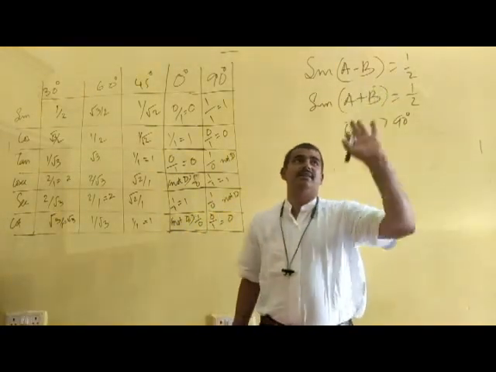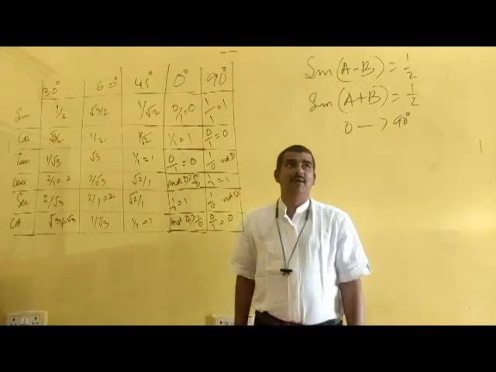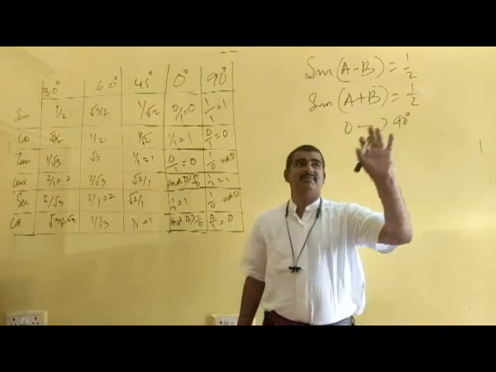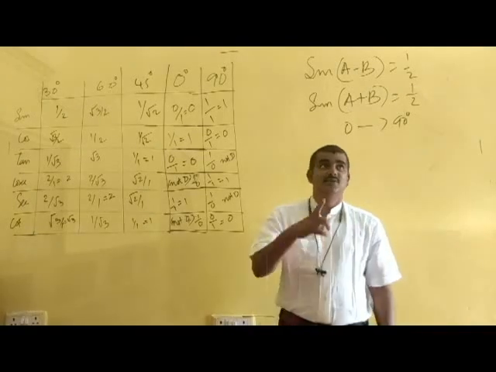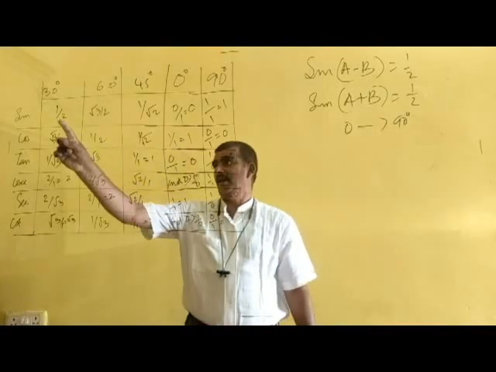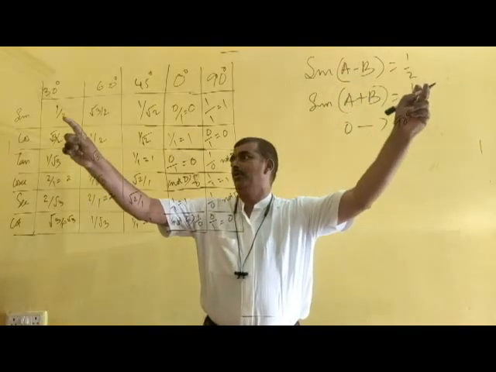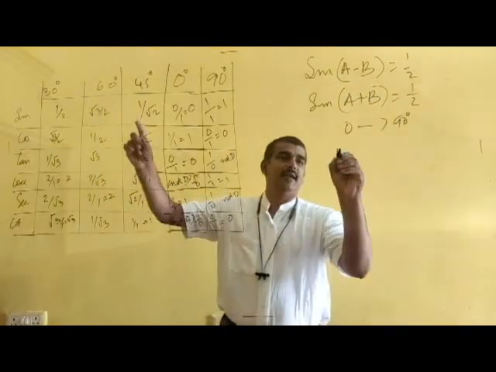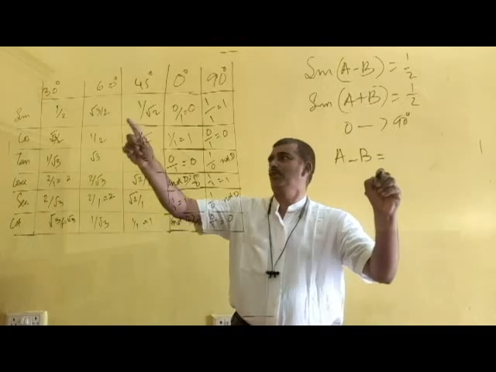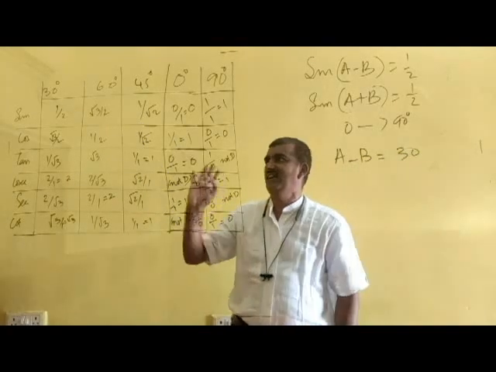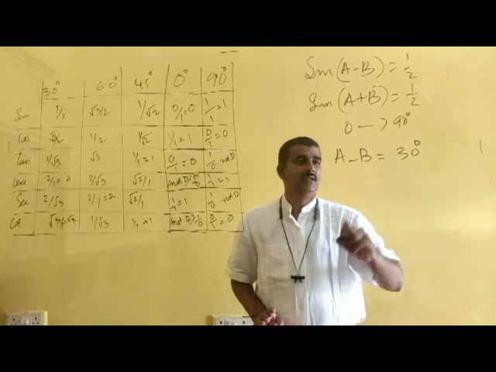Sin (A minus B) is equal to 1 by 2. If sin (A minus B) is 1 by 2, then A minus B is equal to 30 degree. Certainly, it is 30 degree.